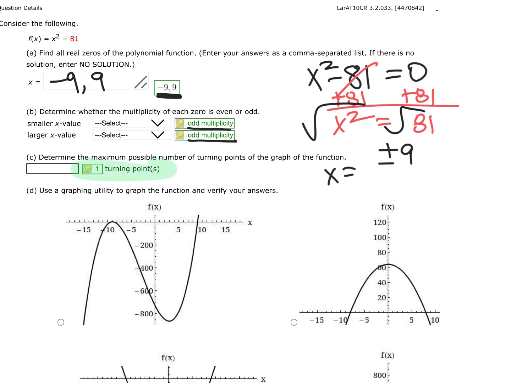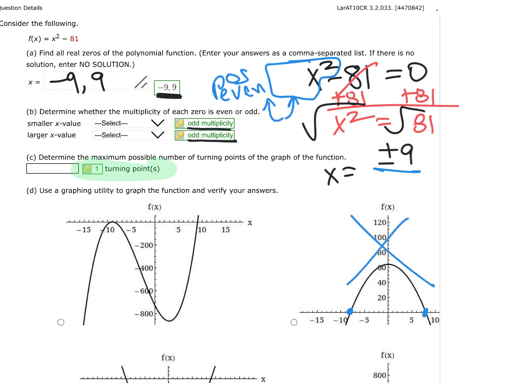All right, and so it's going to cross at negative 9 and positive 9. So when we find the zeros graphically, we're looking for where it crosses. It could possibly be this answer choice, but because at the very beginning it's positive and it's even, the end behavior is going to be to rise on the left and to rise on the right. Okay, so this one's going to be out.